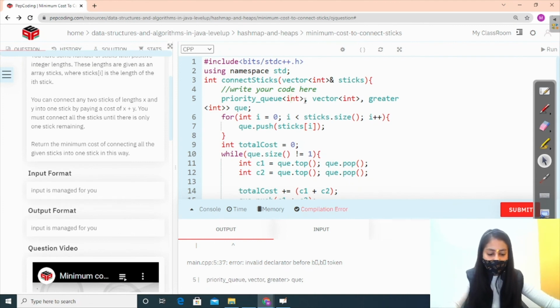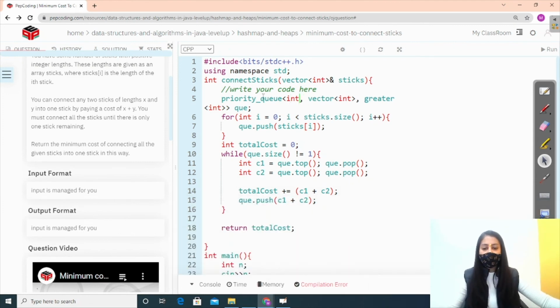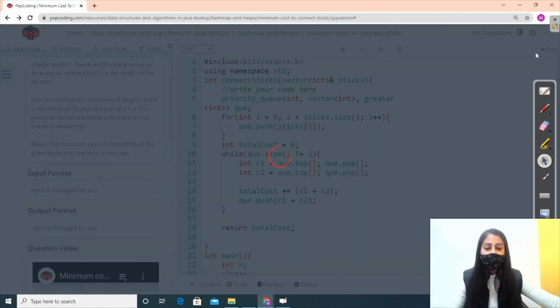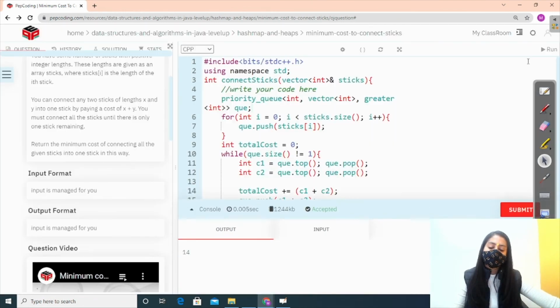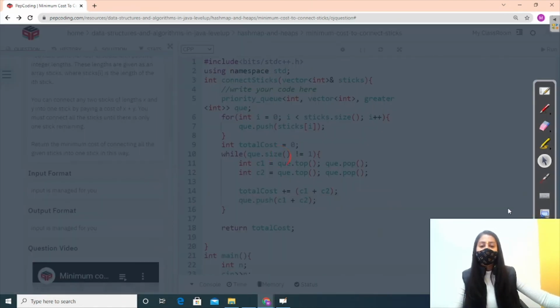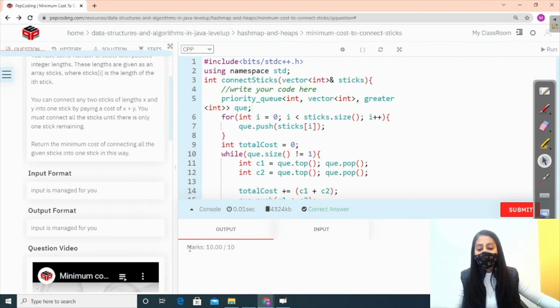Here the syntax is like this, right? This is the way in order to get the min priority queue. Let's again try to run this. So we are getting the expected output. Let's try to submit it. So our code is passing all the test cases, right?